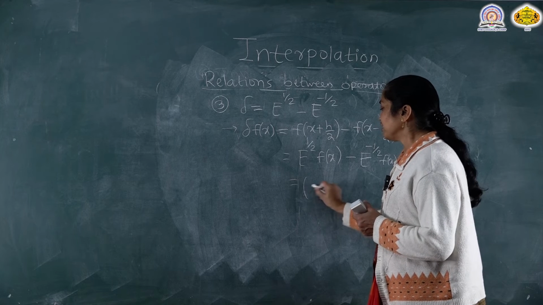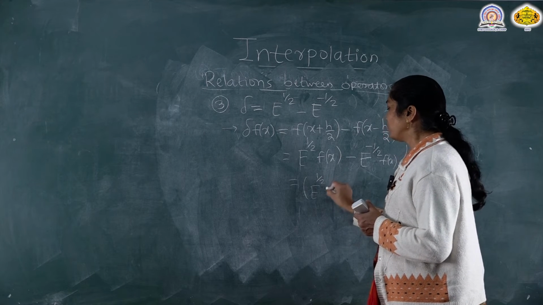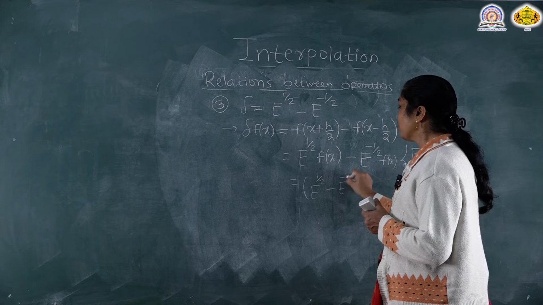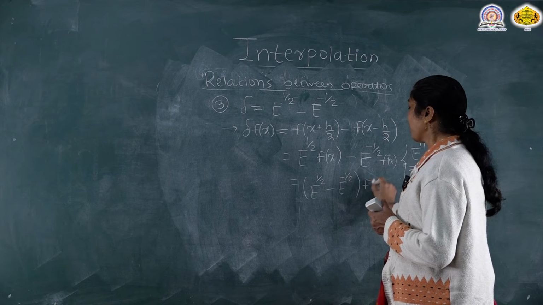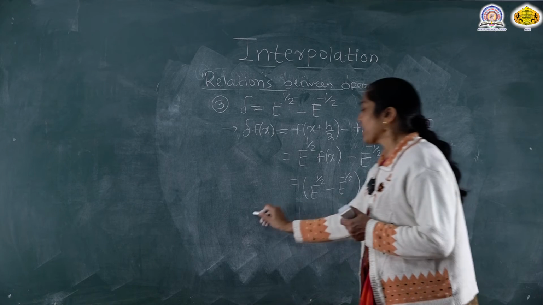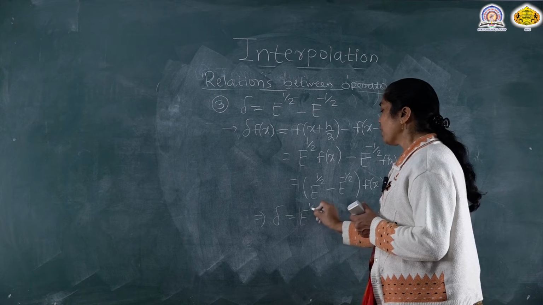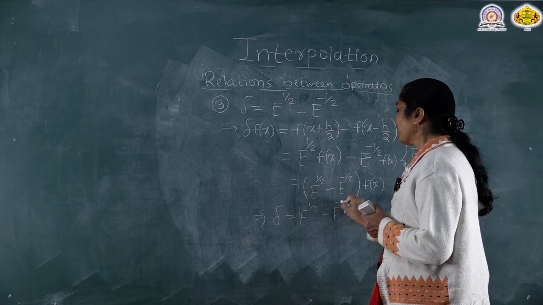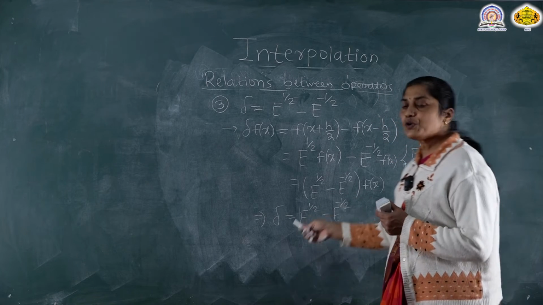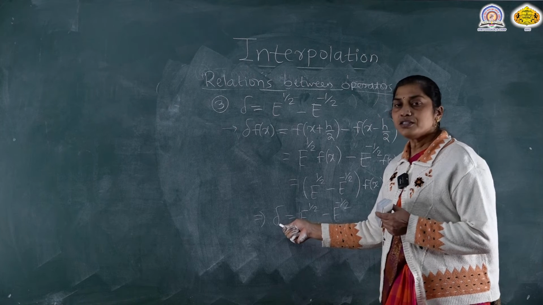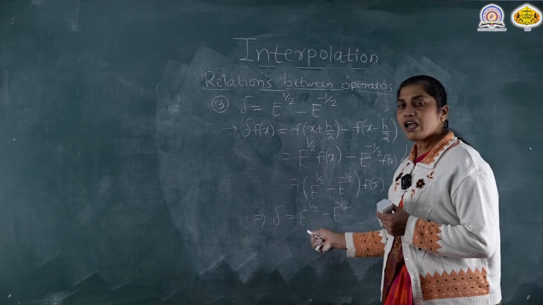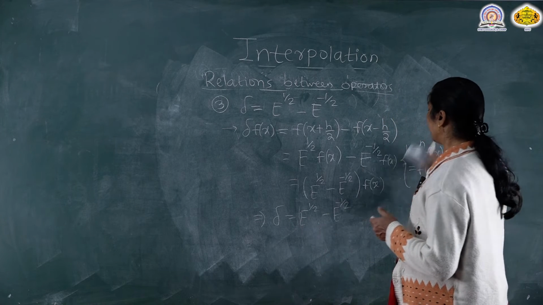And hence it is nothing but E raised to 1 by 2 minus E raised to minus 1 by 2 f(x). So we have delta is equal to E raised to 1 by 2 minus E raised to minus 1 by 2. This gives the relation between the central operator, that is delta, and the shift operator E.